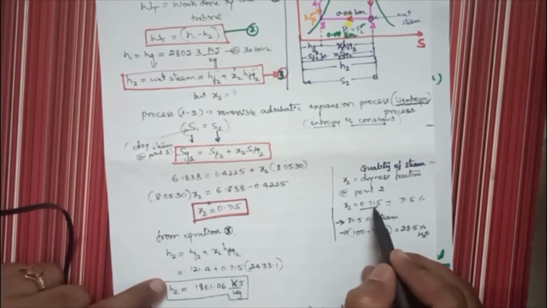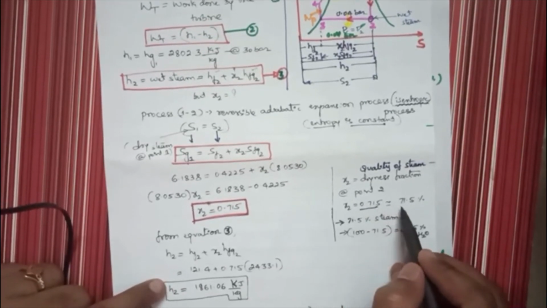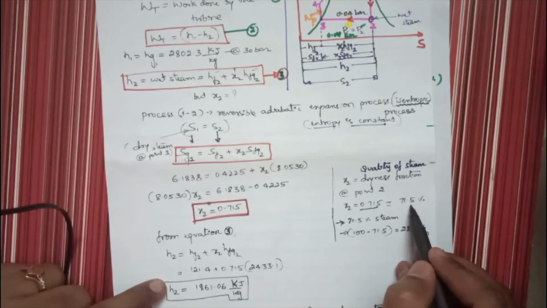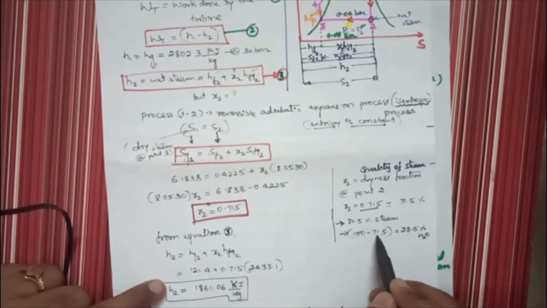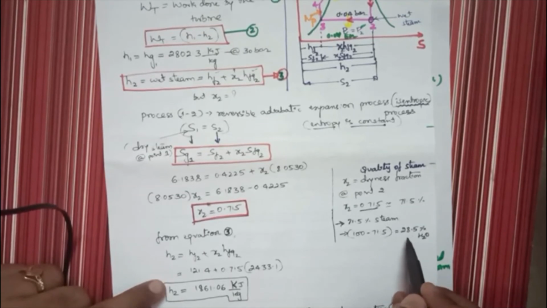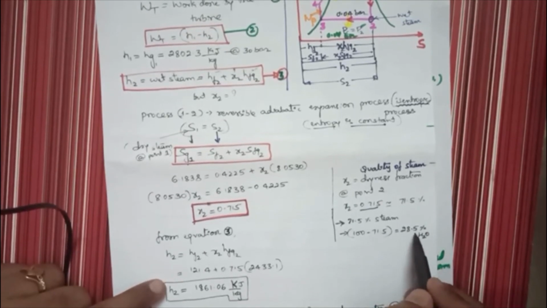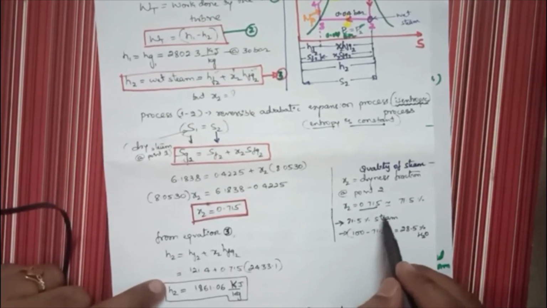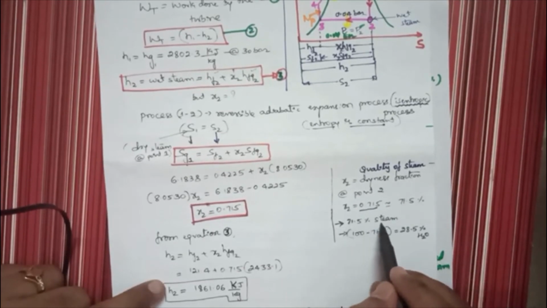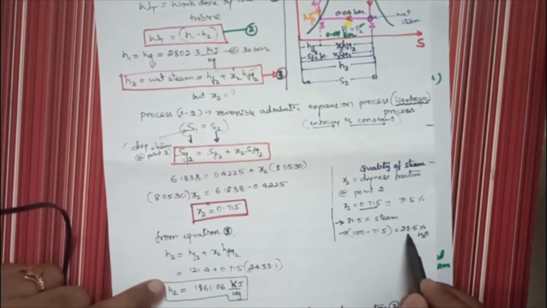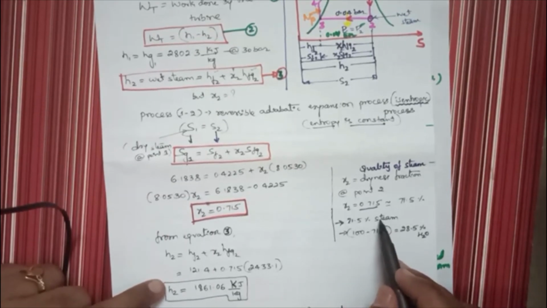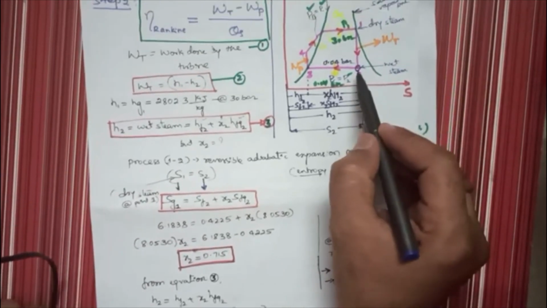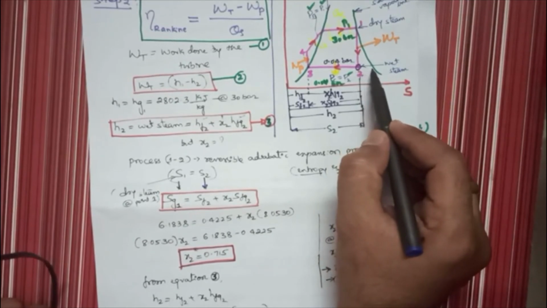So if you convert into the concept of percentage, 71.5% of steam is there. 100 minus 71.5, 28.5, this is the remaining water. So just observe these two values, whether the percentage of steam is more or the percentage of water is more. Here 71.5 percent is steam, so that is the reason point number 2 is nearest to the vapor line.